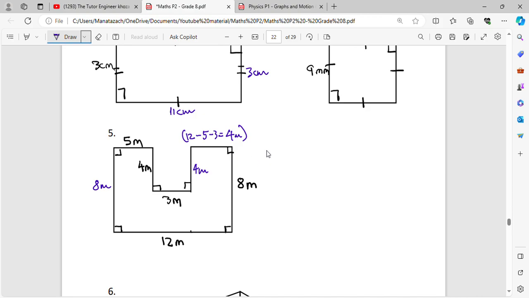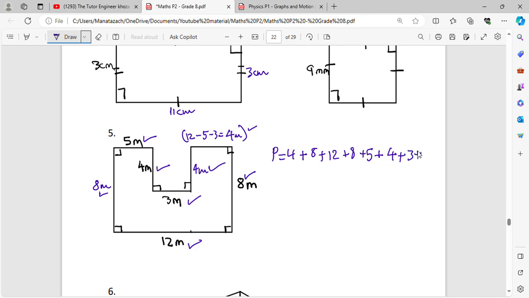So now the perimeter will be the addition of all these sides, 4 plus 8 plus 12 plus 8 plus 5 plus 4 plus 3 plus 4.